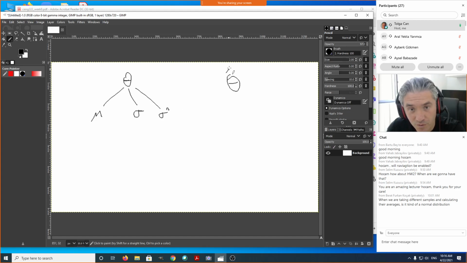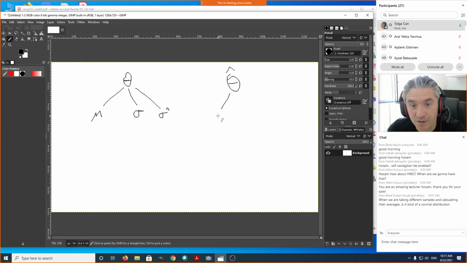We are going to use the term theta hat to indicate the sample statistic, the estimate for theta. If we have an estimate for theta, we indicate it with theta hat, and it may come from some sample statistic.